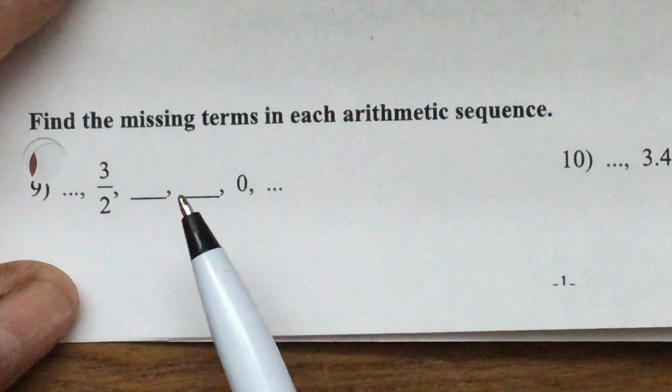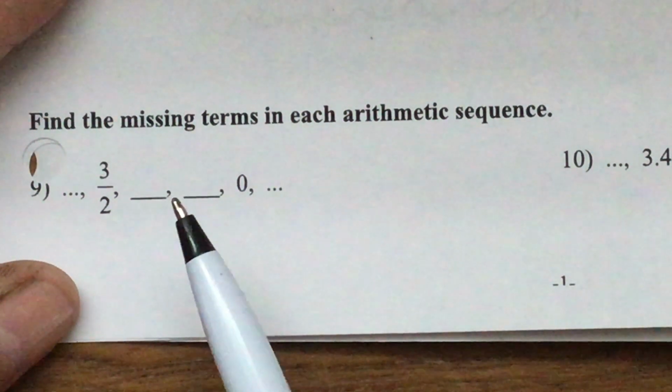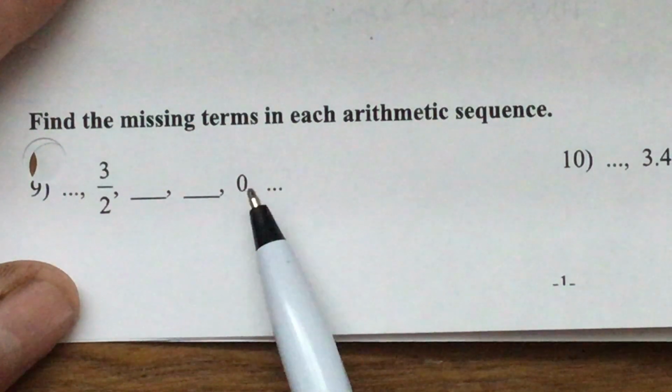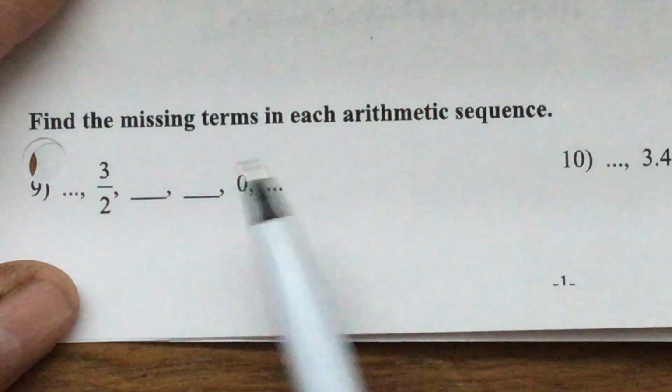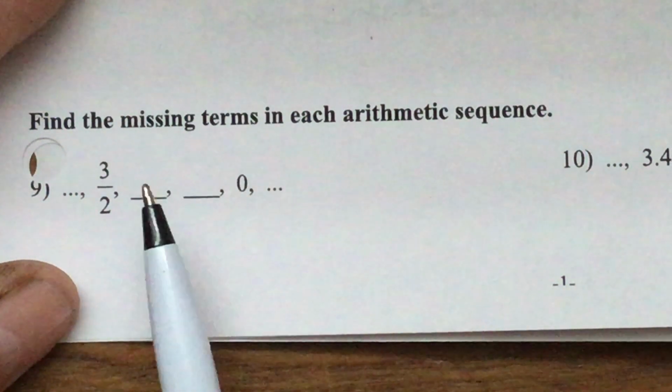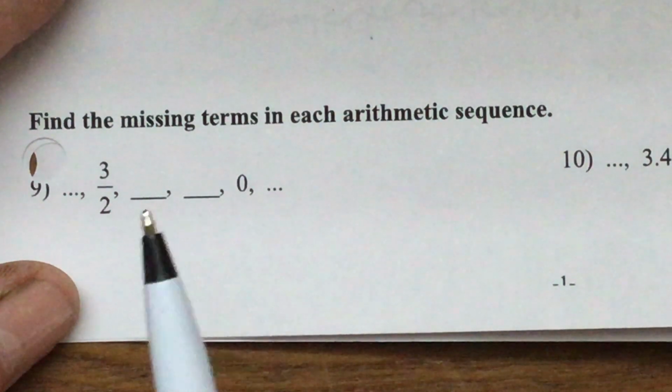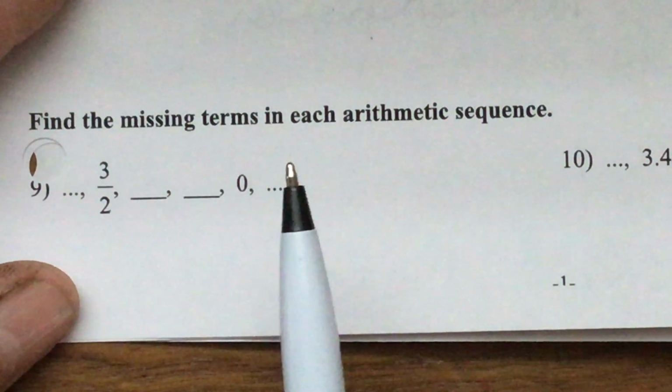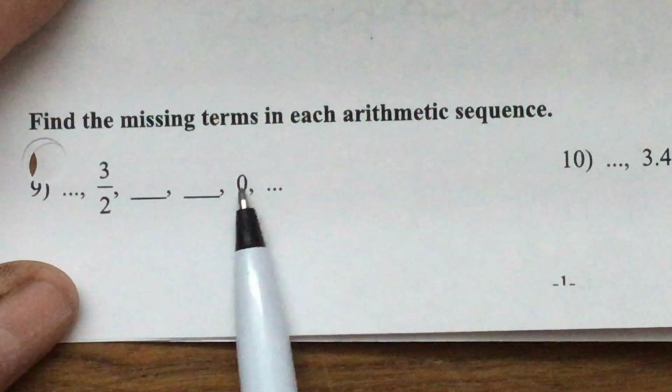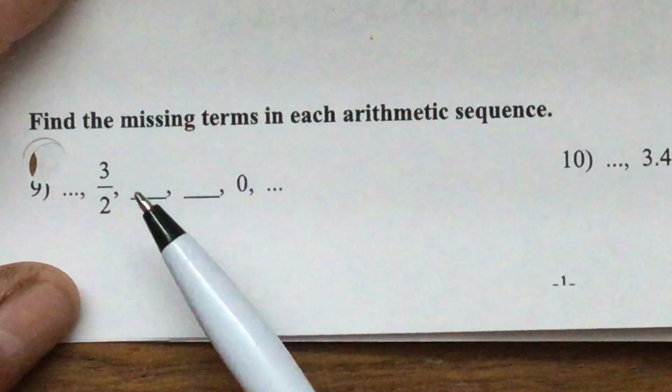So how much would have to be taken away here, and that same amount taken away here, for it to equal 0 here? That's how you will get those values.